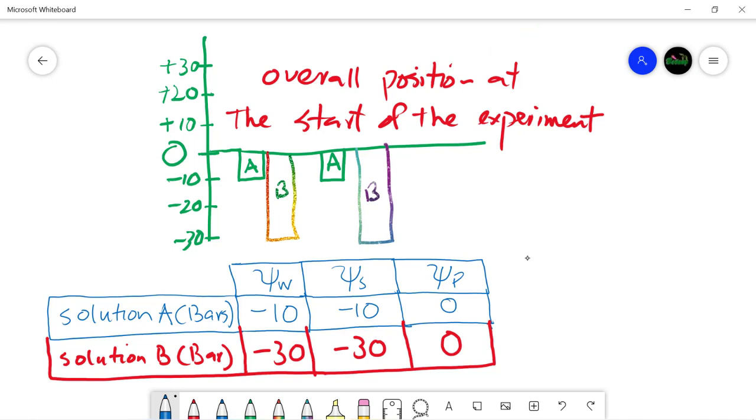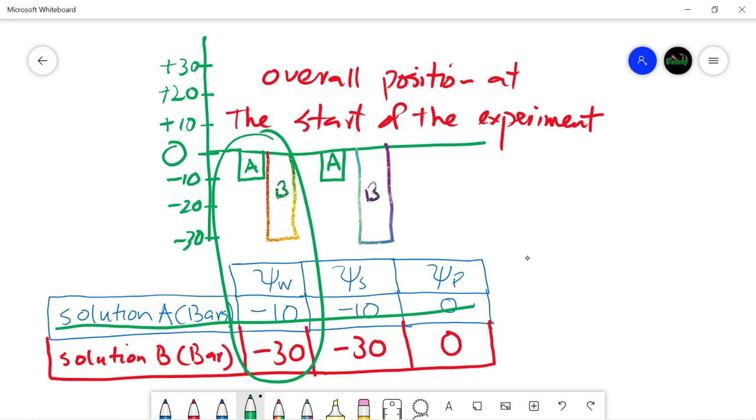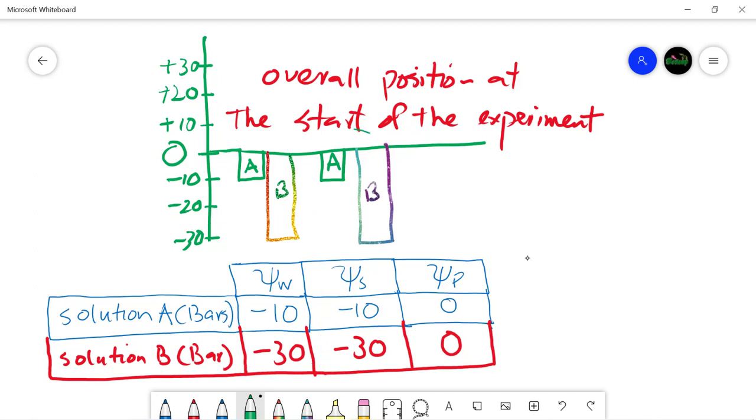We haven't yet started, and as you can see, this is the water potential of both the solutions, solution A as well as solution B. So this row is for solution A, and this row is for solution B. And then this particular column in the graph shows the solute potential of both solution A and solution B. And the final part is absent in the graph because we are just starting the experiment, so there is no pressure.